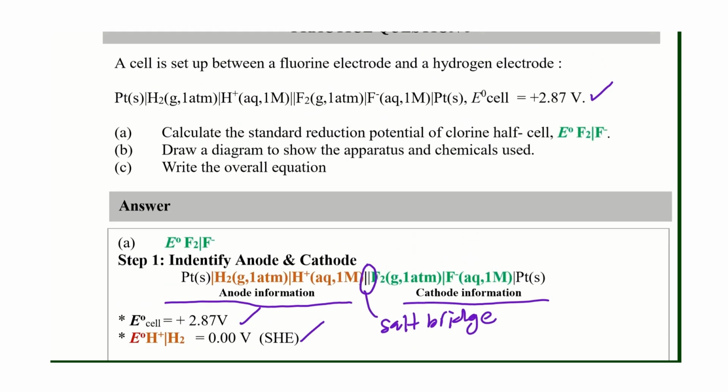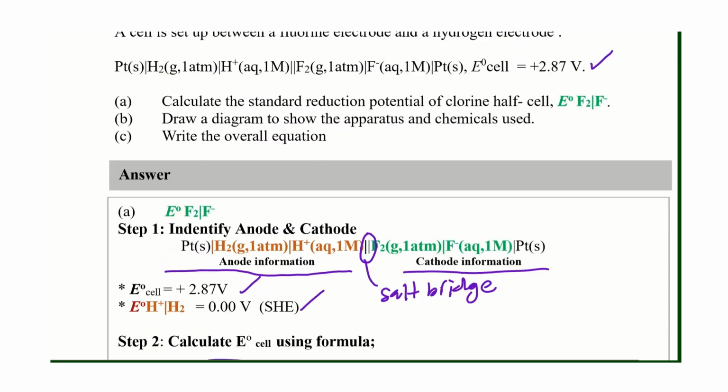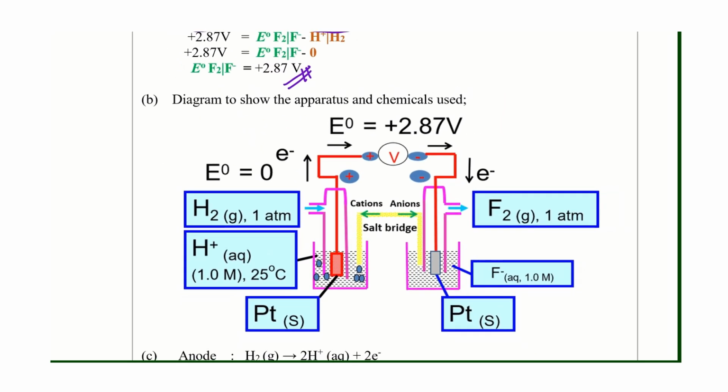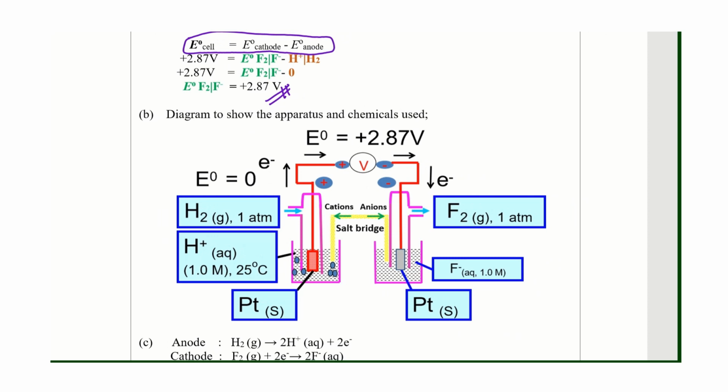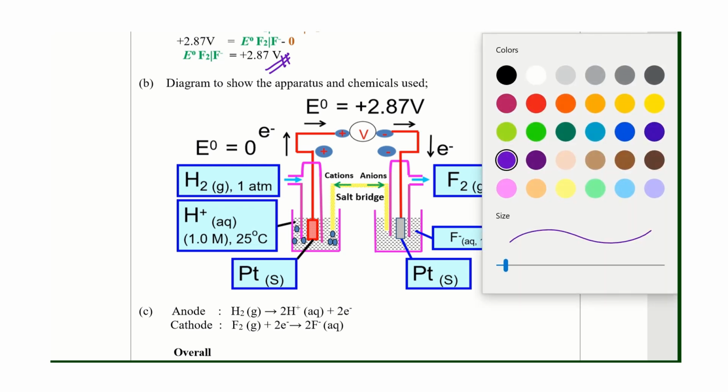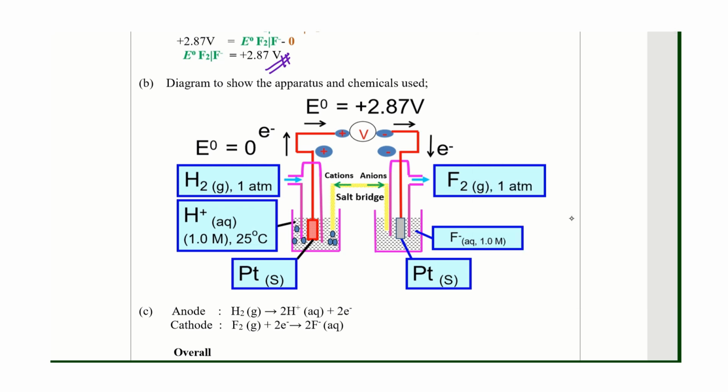B, draw a diagram to show the apparatus and chemicals used. This is the diagram. Look at your answer, class.